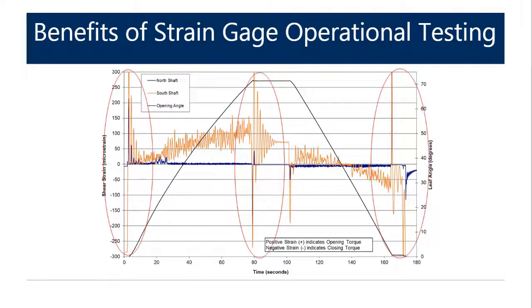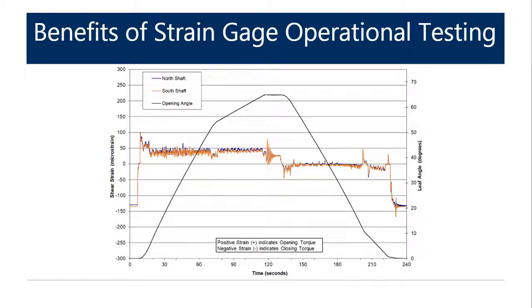Now, this is a strip chart of the same bridge after rehabilitating the differential and making modifications to the control system. You can see the large spikes in the data have been eliminated. Additionally, good load sharing is now achieved, as evidenced by the data of the north and south shafts that are essentially lying on top of each other.